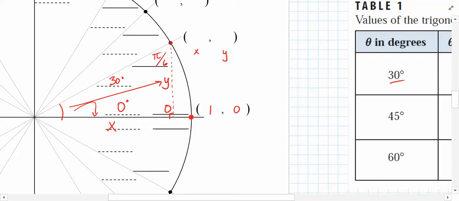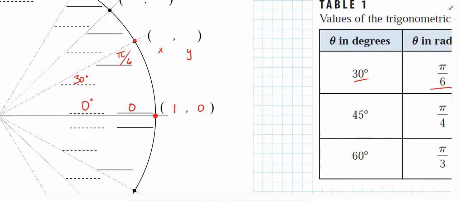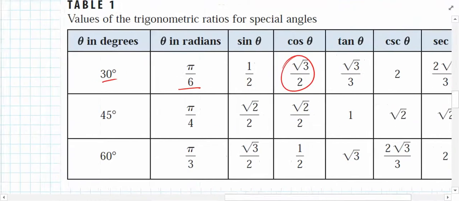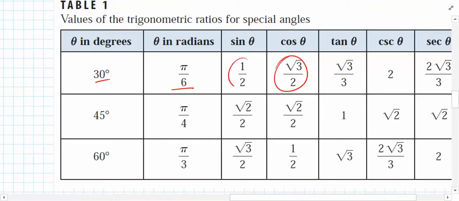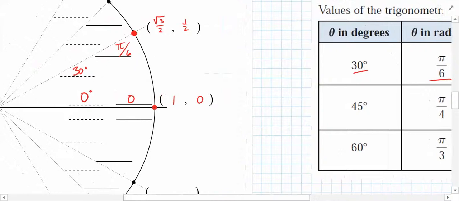So if you remember from our discussion last week, x would then be represented by the cosine of this angle measure, and y would be represented by the sine of this measure. So cosine is square root 3 over 2. So the x value is square root 3 over 2. And the y value is sine, which is 1/2. That would be the coordinate location of this particular point.